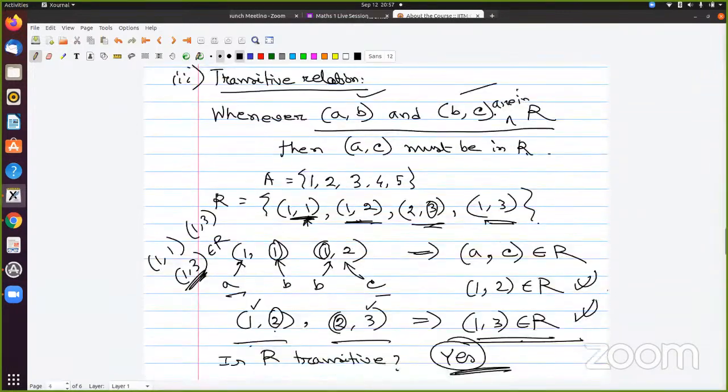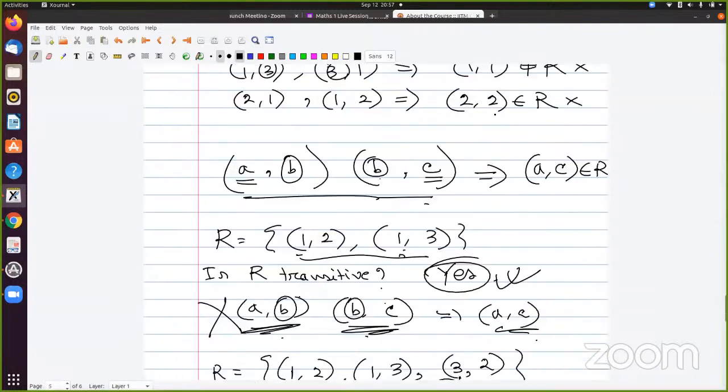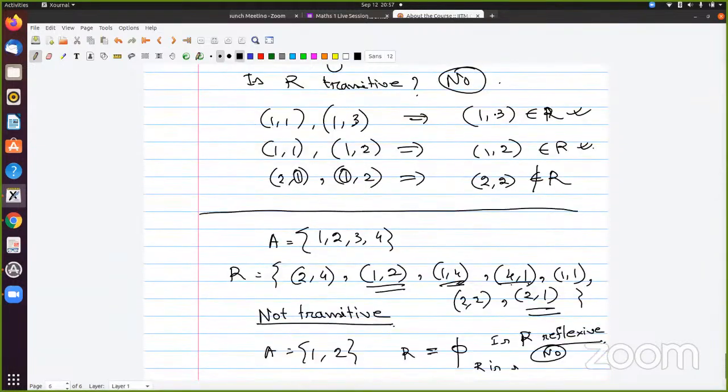So for the null set, is it symmetric? Yes, sir. Why?